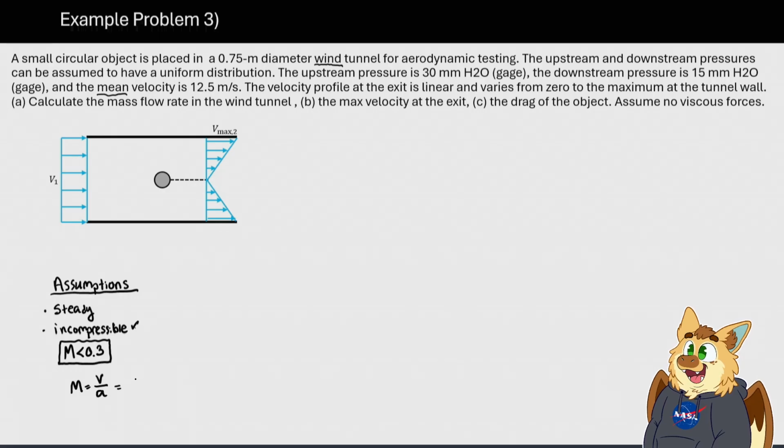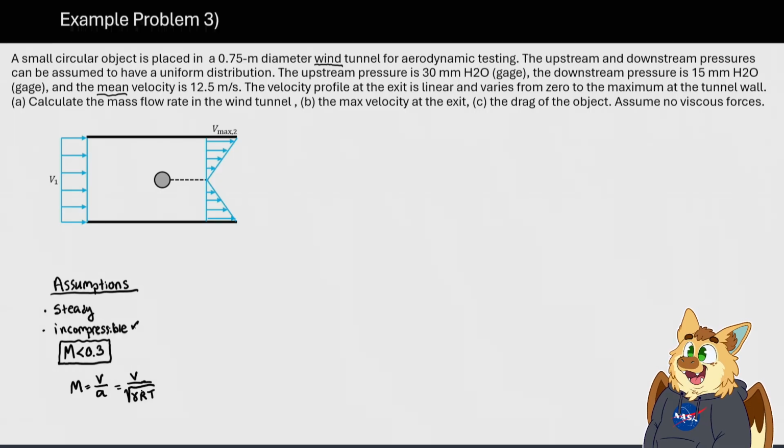And this is going to equal velocity over the square root of gamma RT, where gamma is the specific heat ratio of air, which is 1.4. R is the specific gas constant of air, which should be 287 joules per kilogram times Kelvin, and T is in Kelvin.